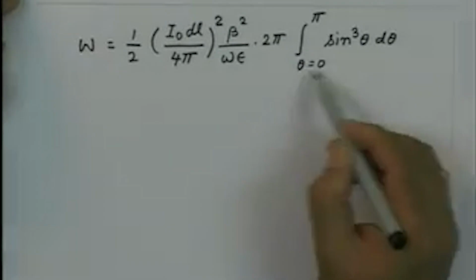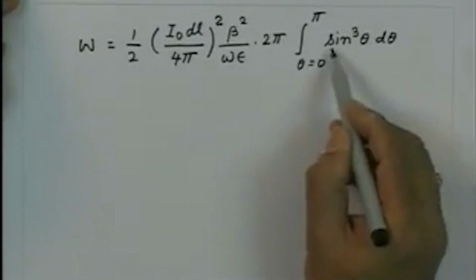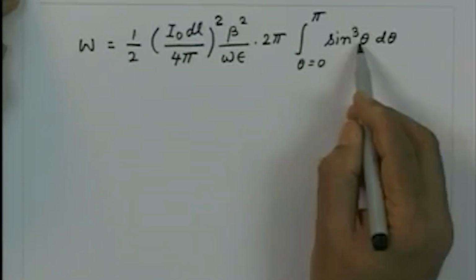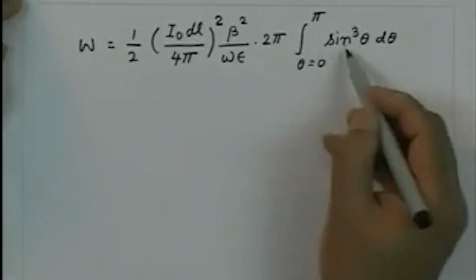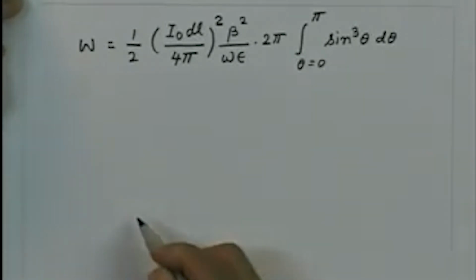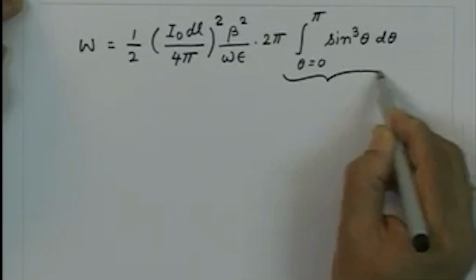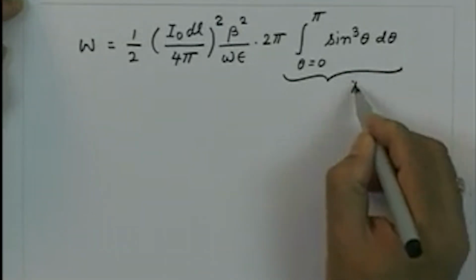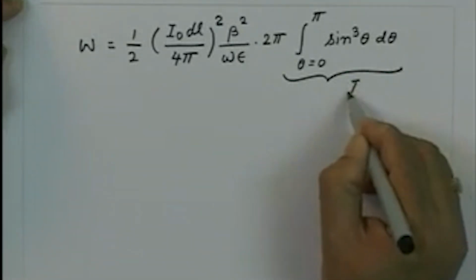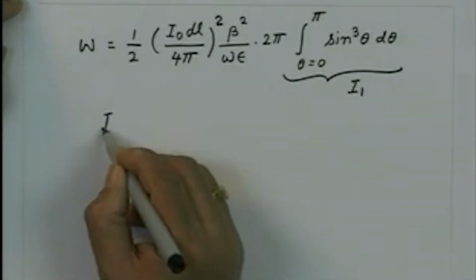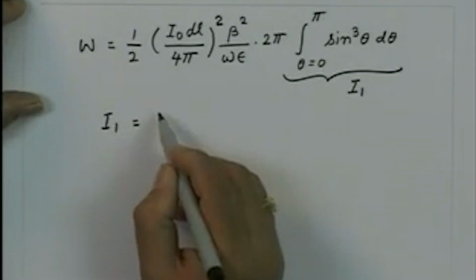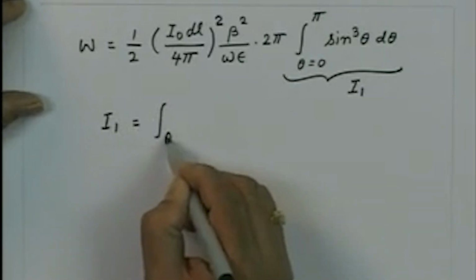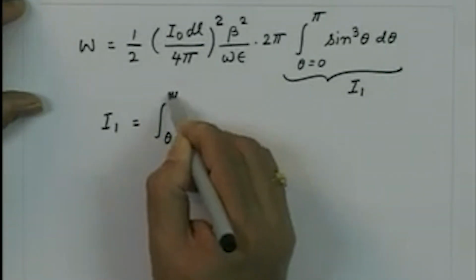Now, this integral is very straightforward. I can write down this sin cube theta as sin square theta sin theta, and sin square theta I can write down as 1 minus cos square theta. So, this integral, let us say this is some I1, will be integral theta equal to 0 to pi.